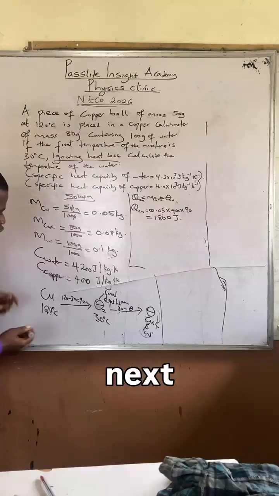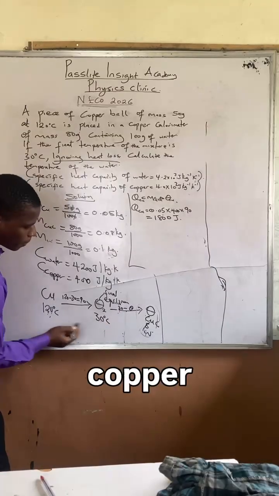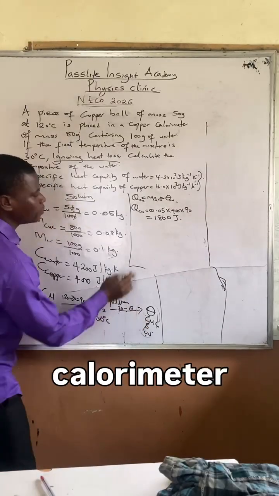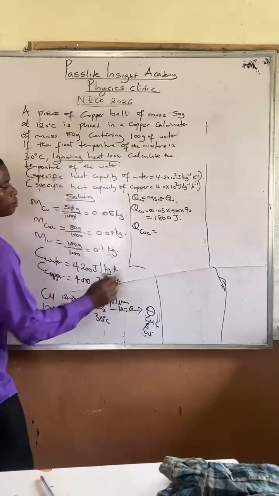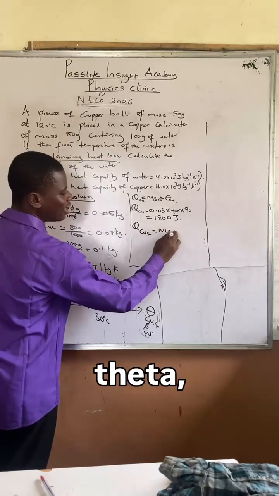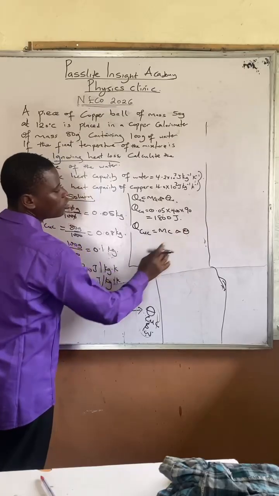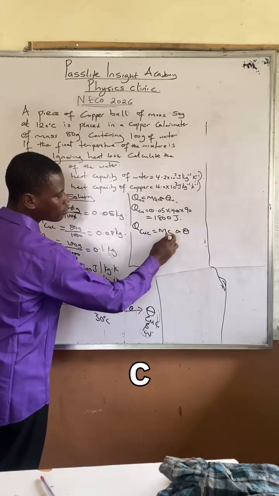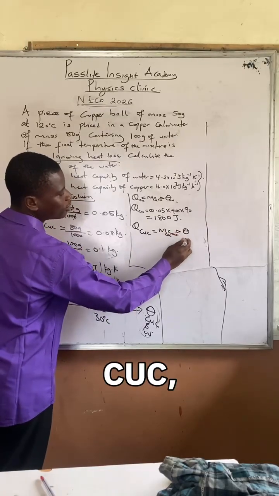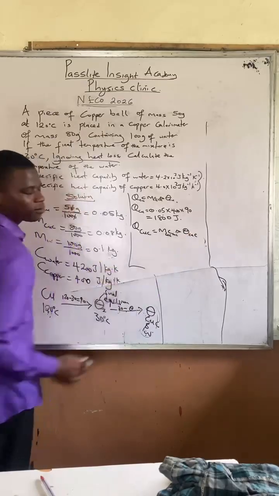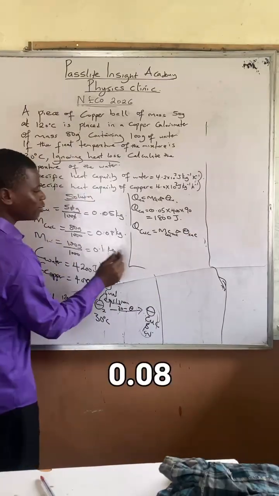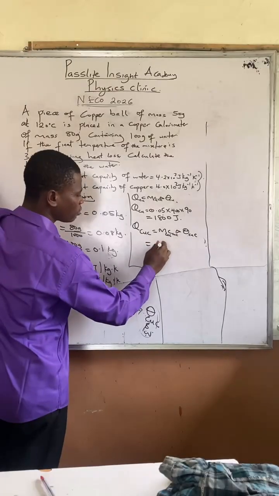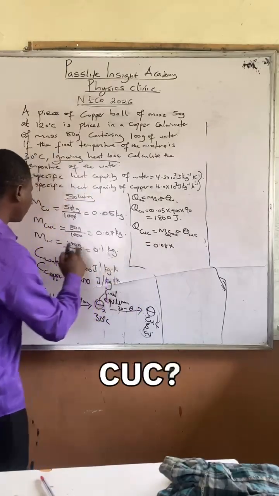Let's go to the next one. I'm done with copper. Q of copper calorimeter, Q of CuC, is MC change in theta. What is M of CuC? 0.08. What is C of CuC?